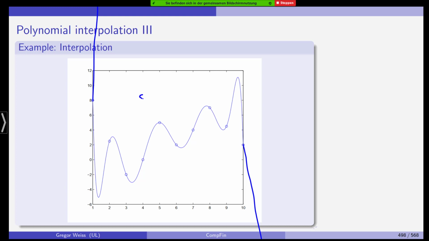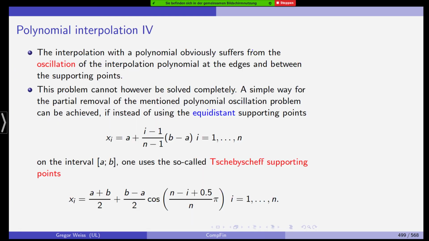If you only have 2 points, well, then it's clear it's simply a line, it will not oscillate. If you have 3 points, it will probably look like this. If you have 4 points, it will probably look like this, and so on. You get the idea. Using a polynomial of higher degree will lead to more oscillation. So this suffers from oscillation.